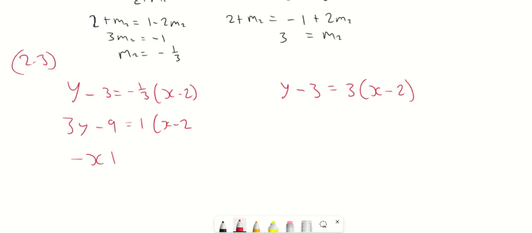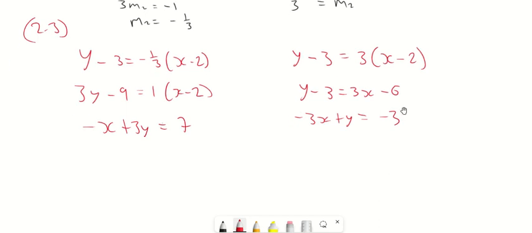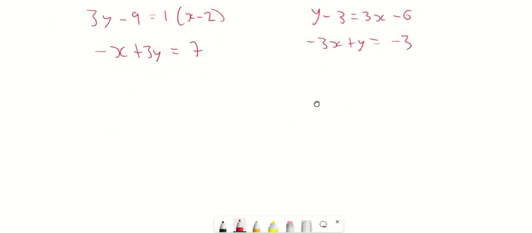So plus 3y is equal to 7. And then the other one, y minus 3 is equal to 3x minus 6. So those are our two lines. So that's it. So that's just something different you could be asked on this.